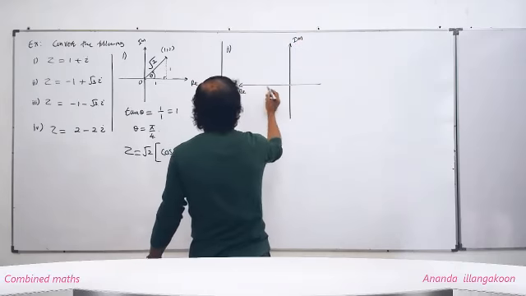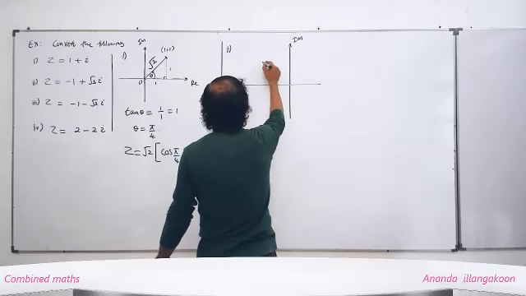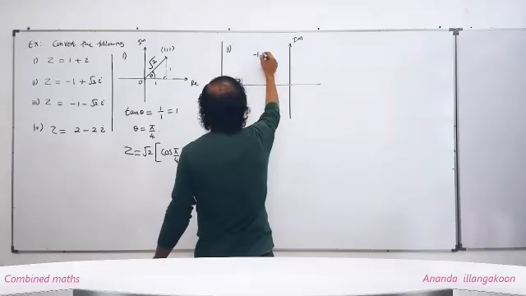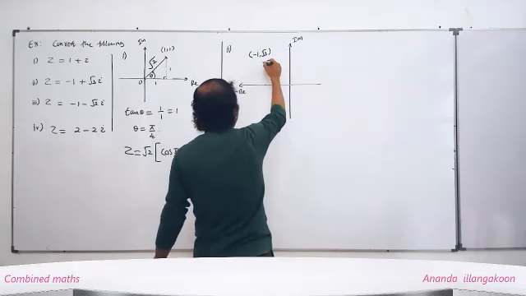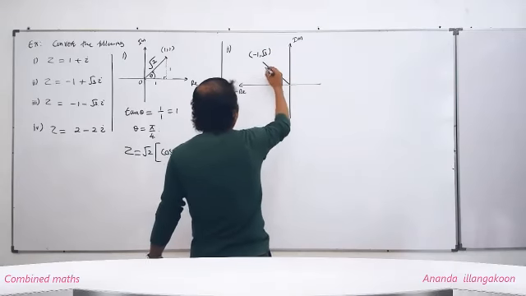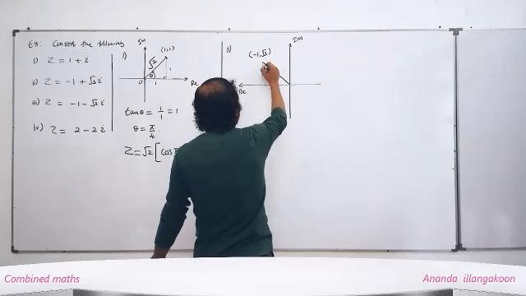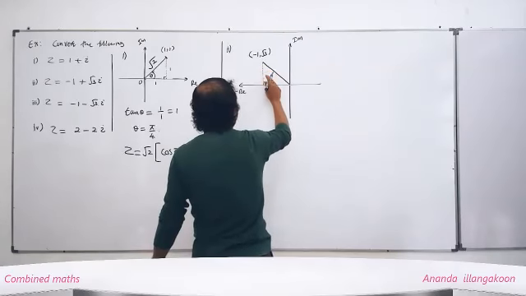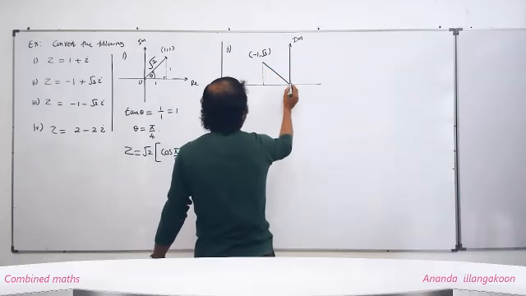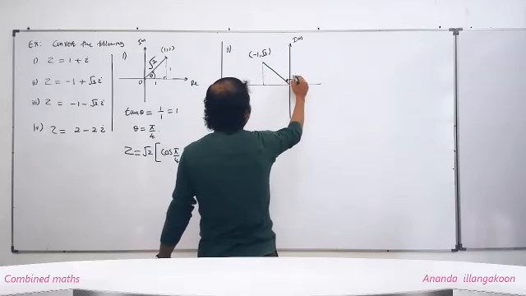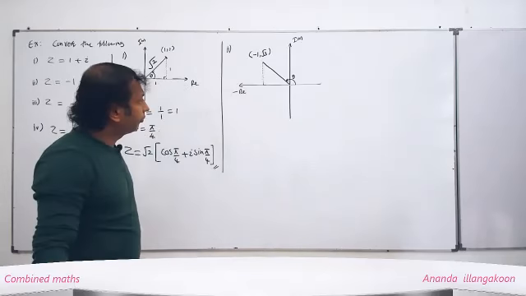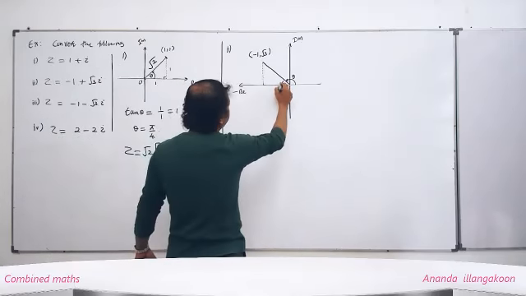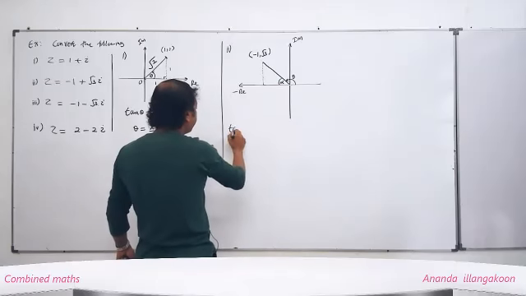Minus 1 plus root 3i. Minus 1 is here, plus root 3i here. Real part is minus 1, imaginary part is root 3. So therefore, in the second quadrant, OP lies now. This is the argument, and it is still in the principal range. If I take this angle as alpha, people, what is tan alpha?